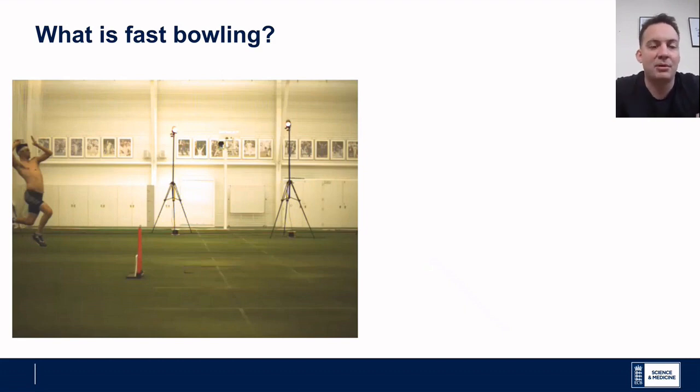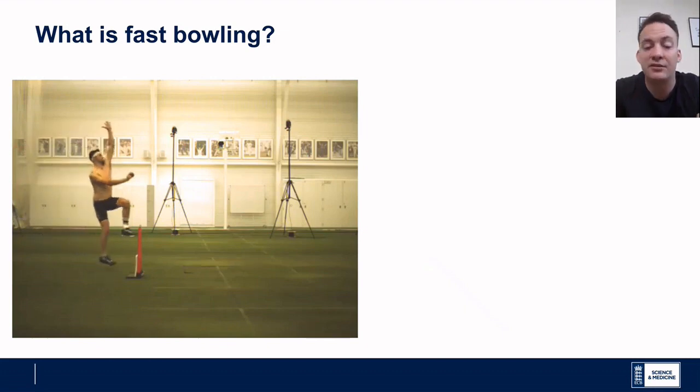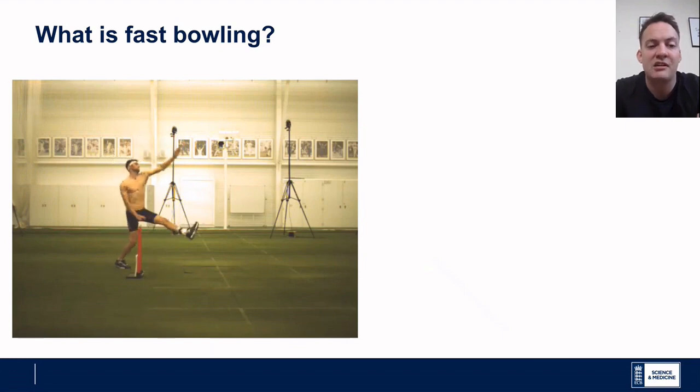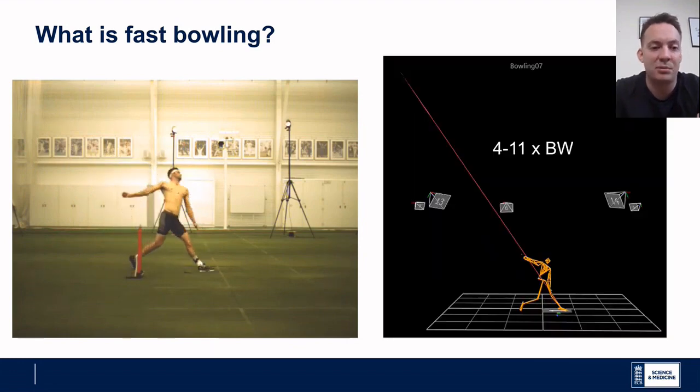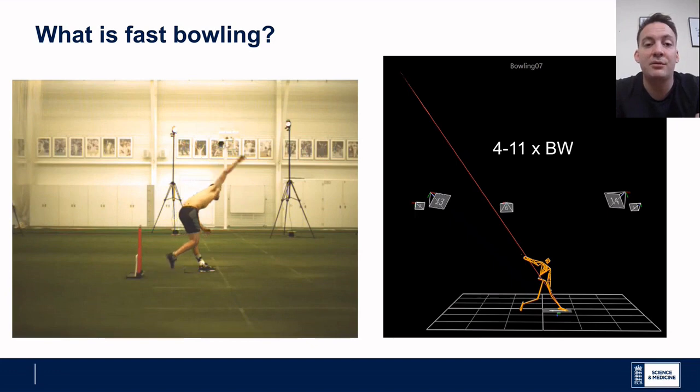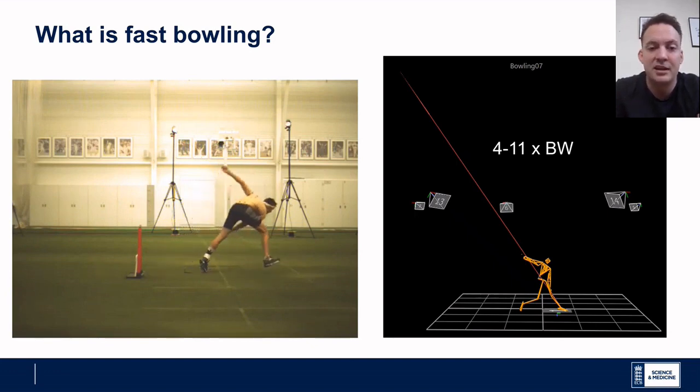So now on to fast bowling. So firstly, it's probably important to talk about what fast bowling is. Fast bowling is typically characterized by 2 different things. The first is at front foot contact, we have this huge ground reaction force. So at this point, we typically see between 4 to 11 times body weight going through the body.